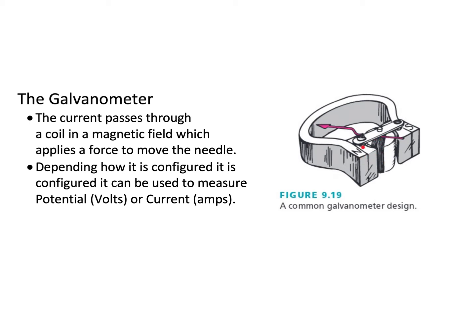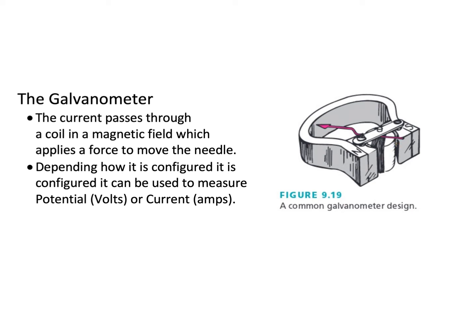Essentially, charged particles, in this case the electrons moving down the wire, are passing through a magnetic field and they feel a force. The bigger the current, the more force they'll feel, and the more this needle will rotate and turn.